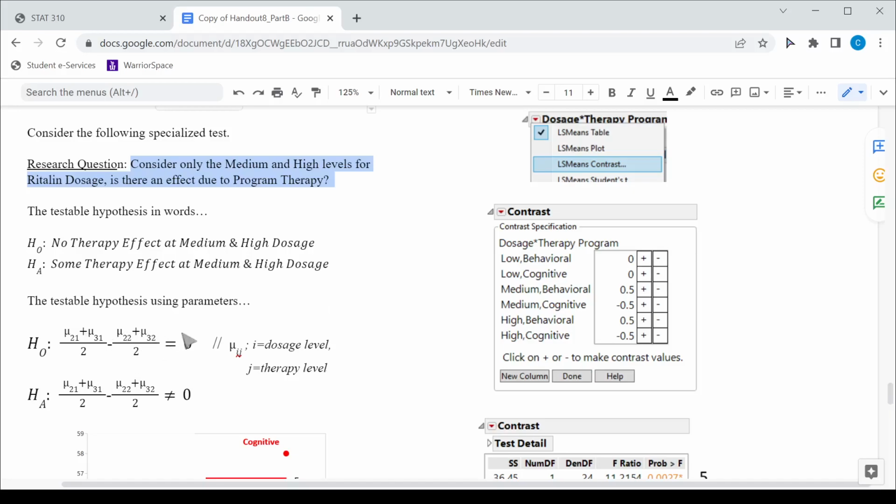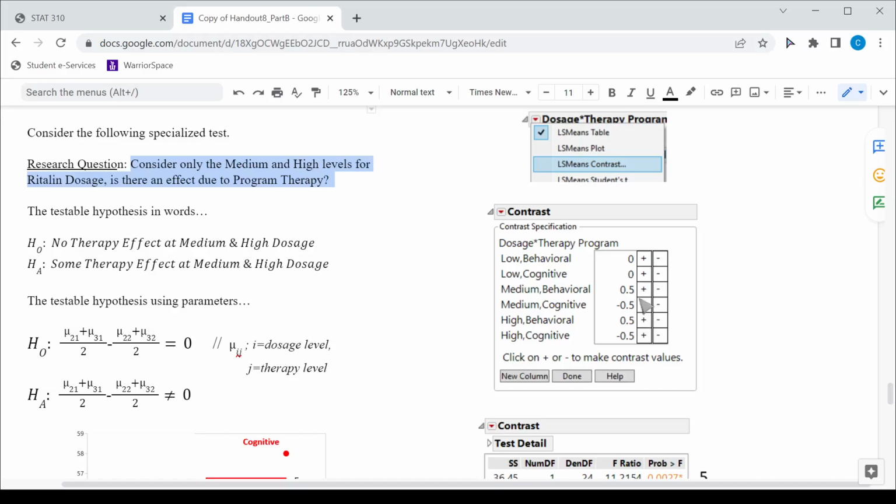And again, just like before, when I write out these contrasts, I need to write out the averages and do a little bit of algebra to figure out what the coefficients are for each of these. Because I'm comparing the behavioral against the cognitive, I'm going to put the medium dosage level and the high dosage level into the same bucket. So this is going to be plus 1/2, plus 1/2 here.